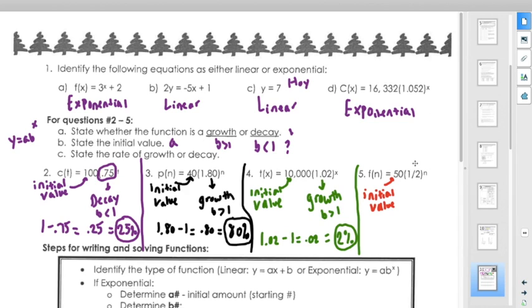Well, 1/2, as we should know, is just 0.50. So is 0.50 greater than 1, less than 1? It's less than 1, so it is a decay, because b is less than 1. And I want to find what is this actual decay rate, so I subtract 0.5 from 1.